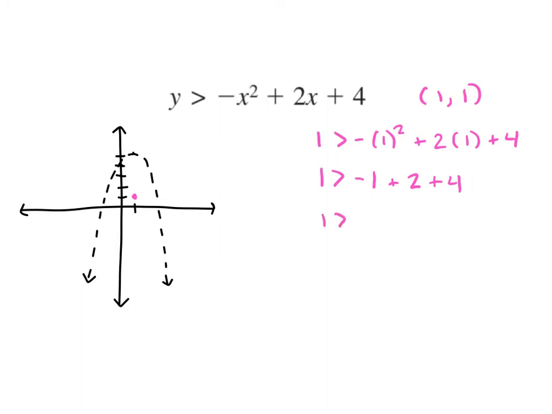What's -1 plus 2 plus 4? 5. Is 1 greater than 5? No. So what do we do when it does not work? We shade the outside area. So we're going to shade everything on the outside.